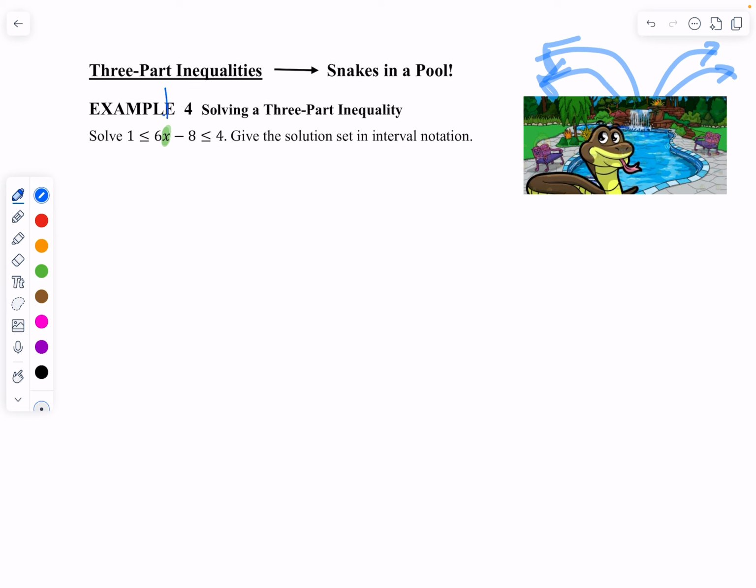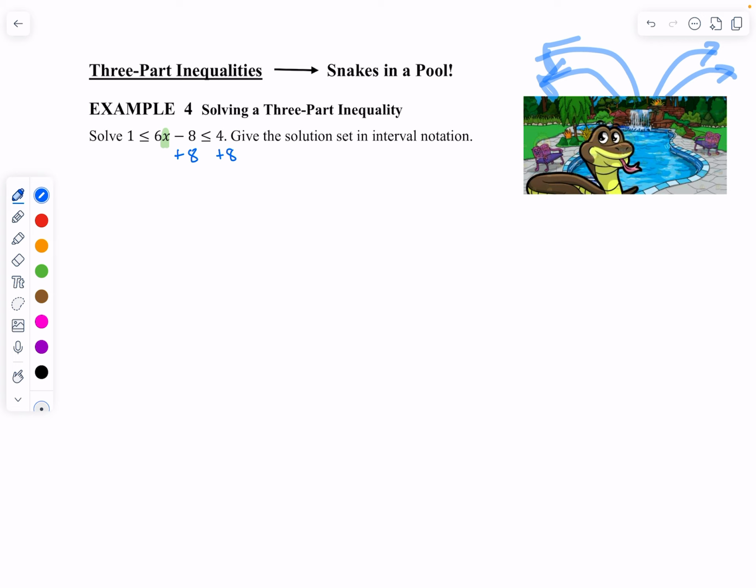Now, that is the snake. The X is the snake. Now, the snake's best friend is right here next to it. That's 6X. So we're going to get rid of the best friend last. Just like we would in a regular algebra problem, we're going to add 8 to get it on the other side.